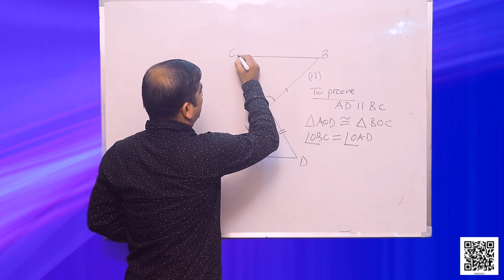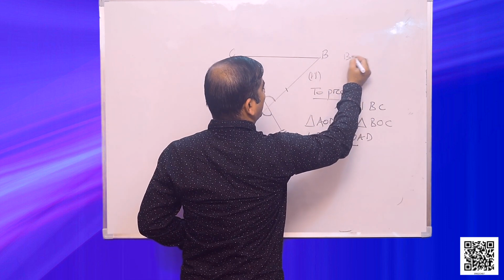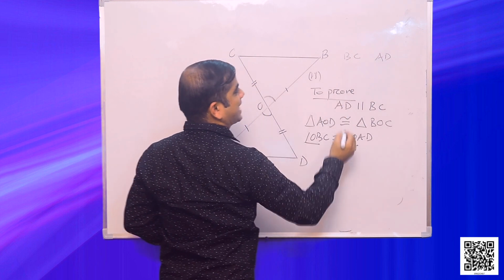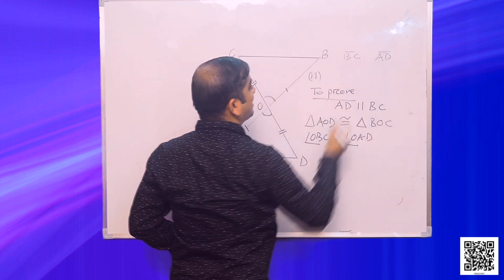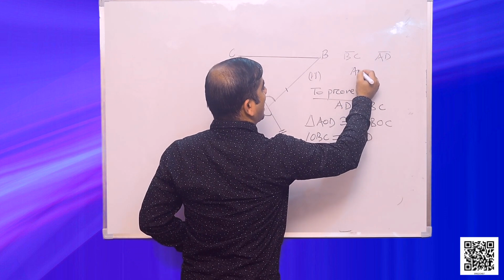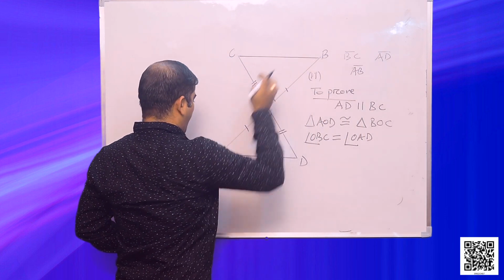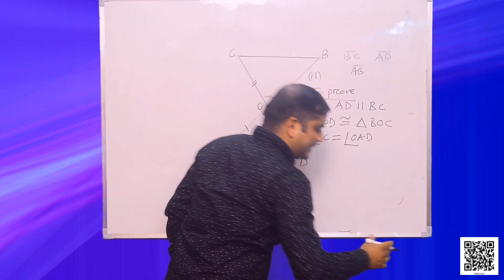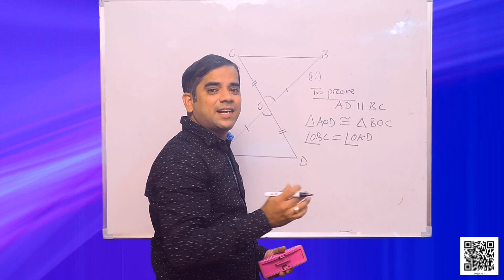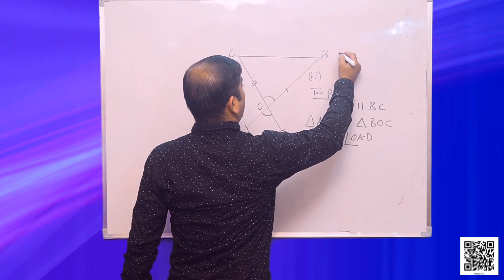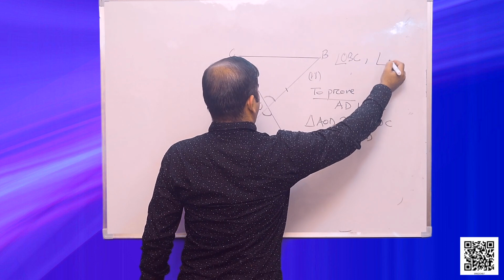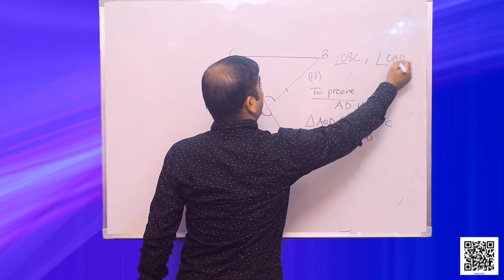So, there are the lines BC and AD. These two line segments are being intersected by line AB at points B and A. So, they form two interior alternate angles, angle OBC and angle OAD.